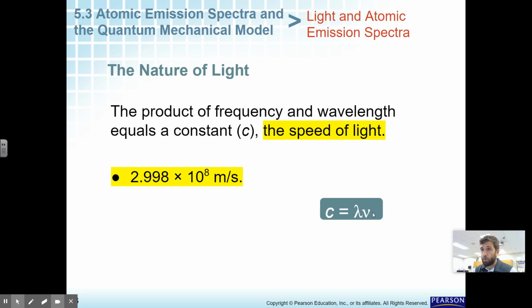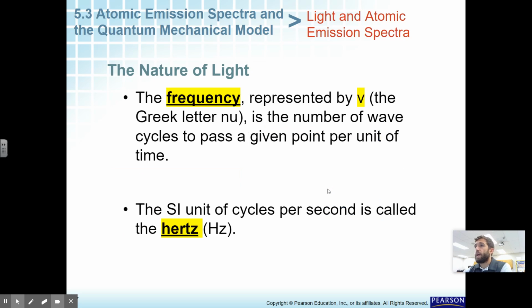It is what's in yellow underneath this, 2.998 times 10 to the 8th meters per second. We could convert that to different units, like feet per minute or miles per hour, but we want to keep it generally in meters per second.